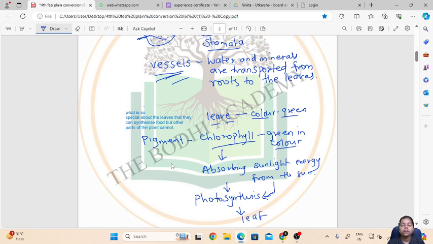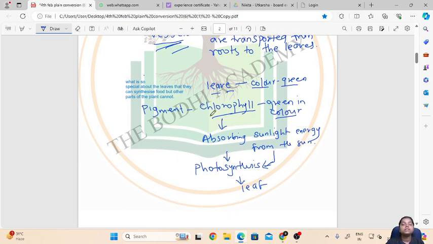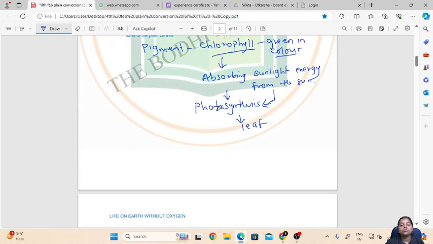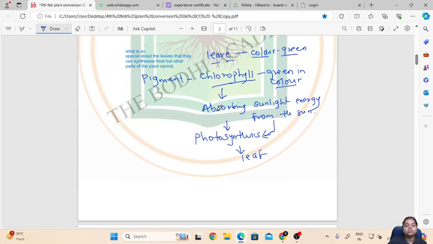Now you all have understood why only the leaf can synthesize food. That is because of the pigment, chlorophyll. So how does this occur? We'll see here.